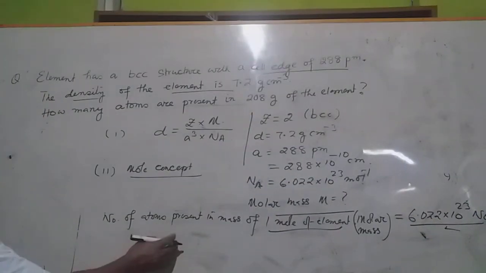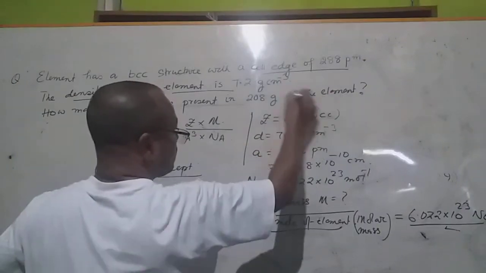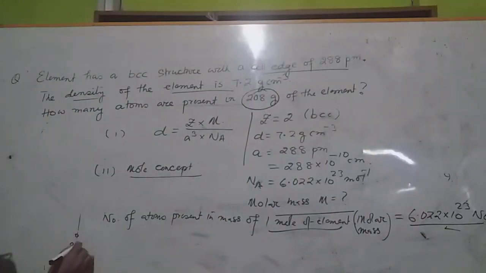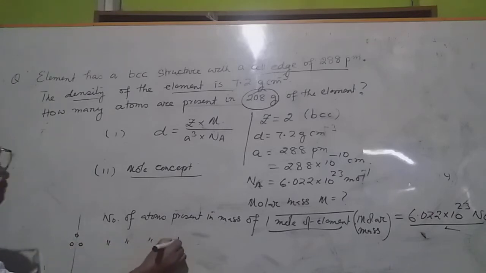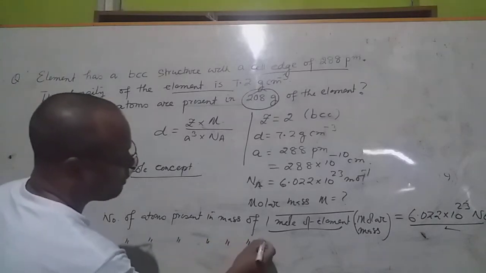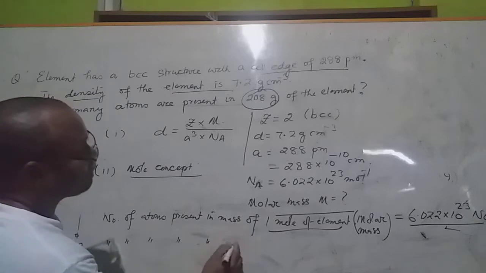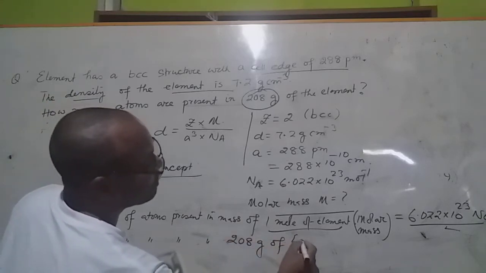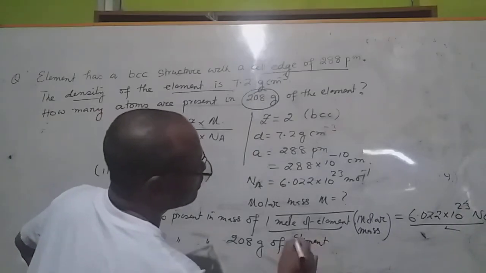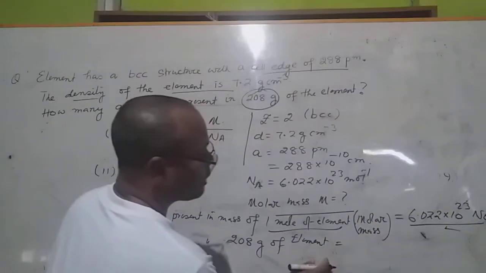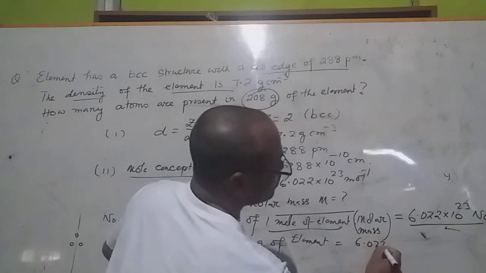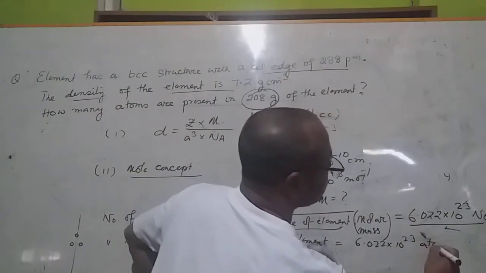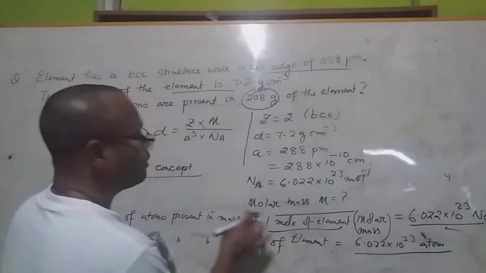Then here the mass of the element is given. What is the mass of the element here? 208. So we can calculate the number of atoms present in 208 gram of the element. We don't know what the element is, so how do we calculate? 6.022 into 10 to the power 23 atoms, divided by molar mass.